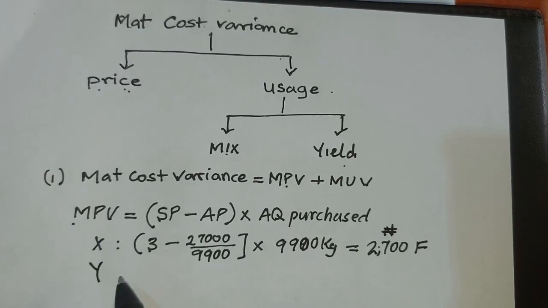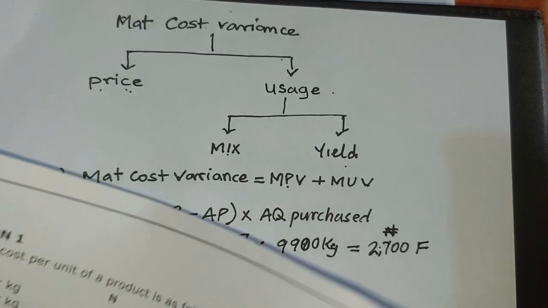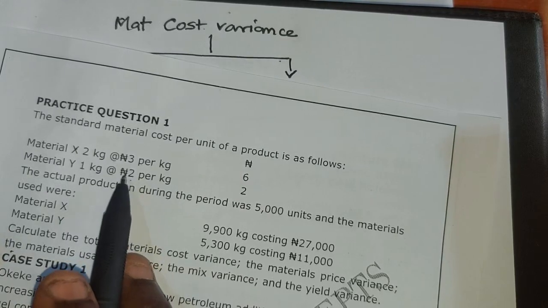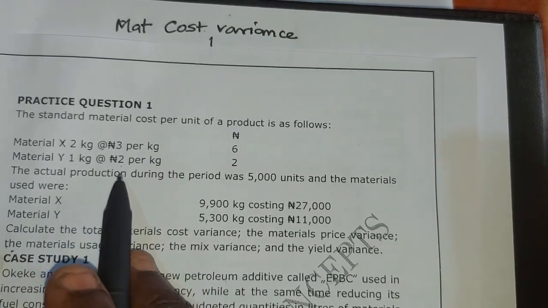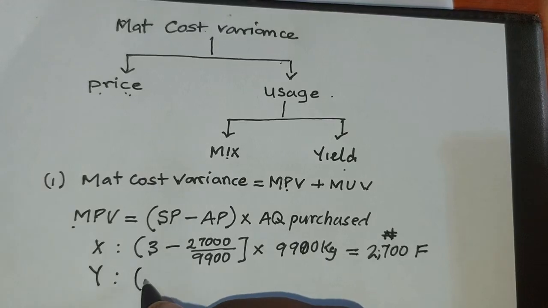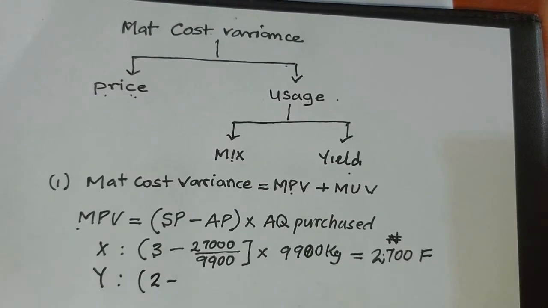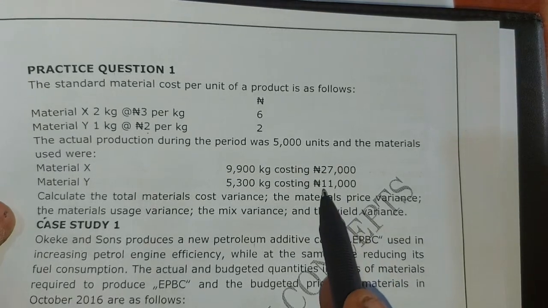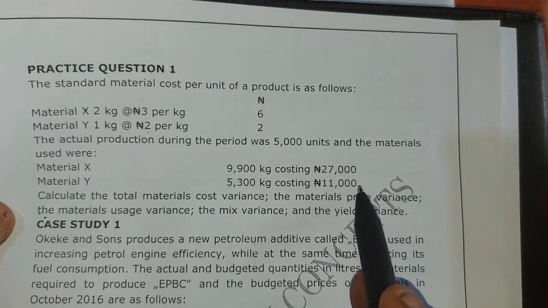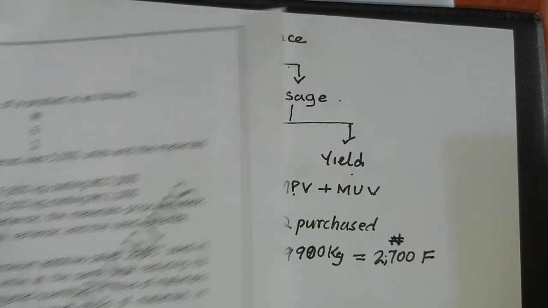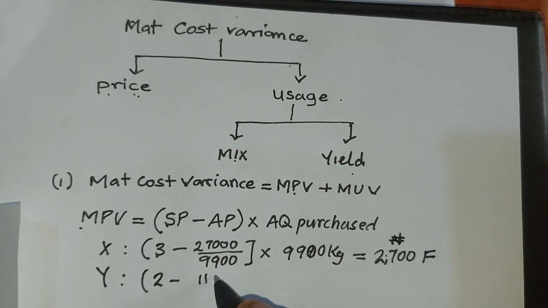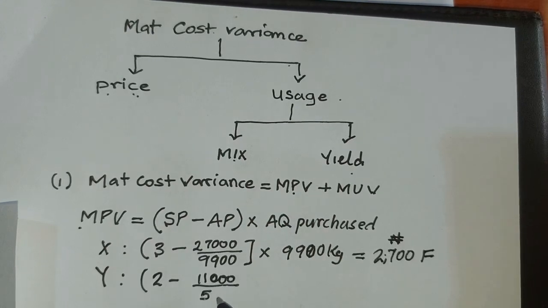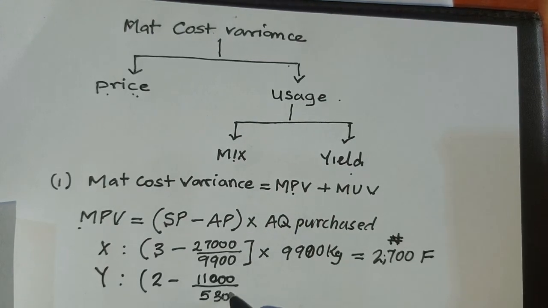Then for material Y, our standard cost of material is 2 naira. Then the actual cost of material is given in total, so you say the total cost divided by the quantity purchased. That is 11,000 naira divided by 5,300.